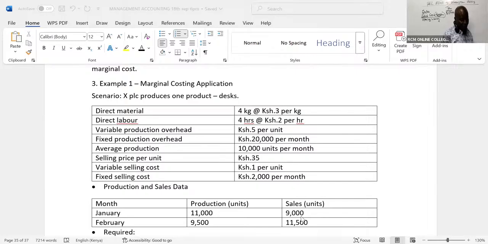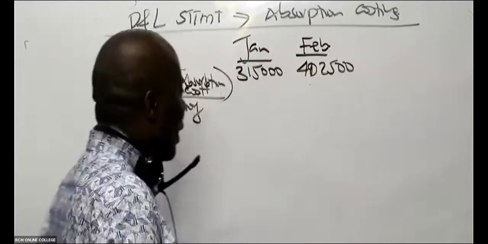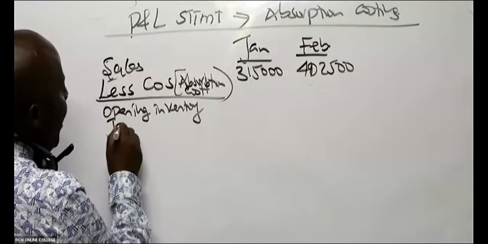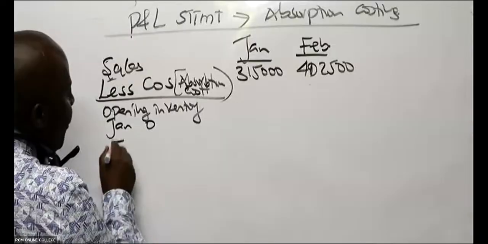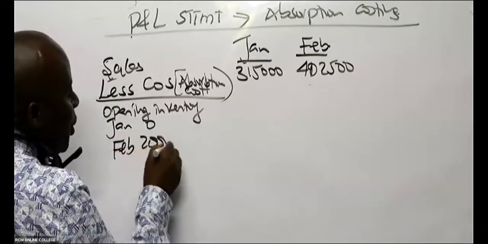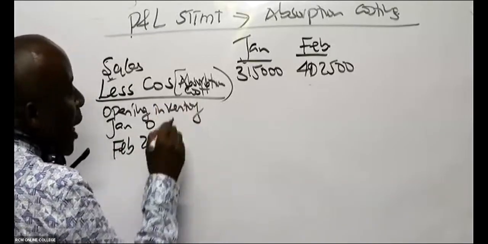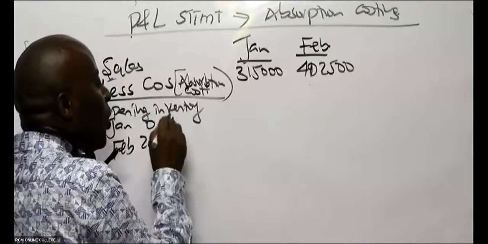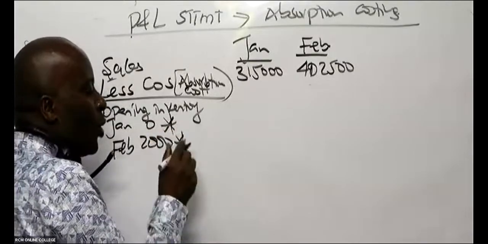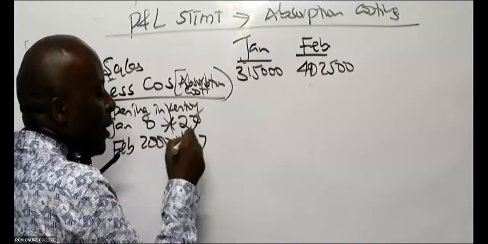So opening inventory is 0, isn't it? But February opening inventory, you gave me 2,000. So January opening inventory is 0, but February opening inventory is 2,000. Because you're using absorption costing, we know the cost per unit for inventory, which you gave me a figure of 27.